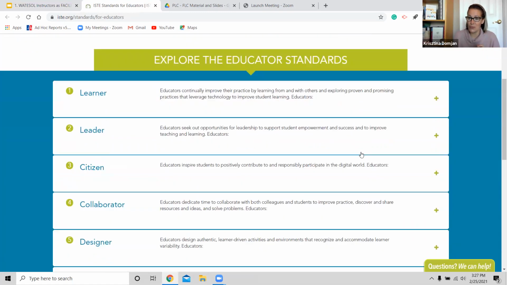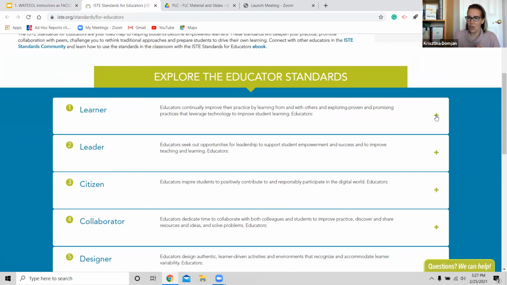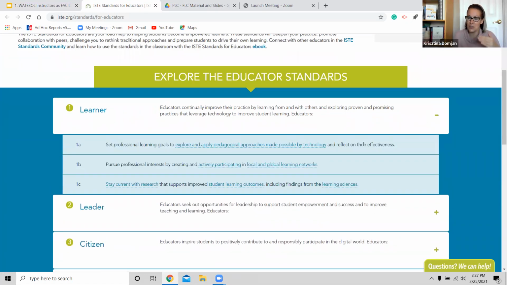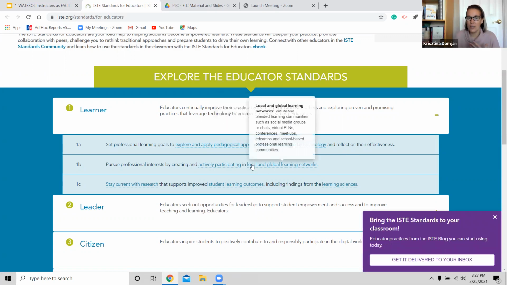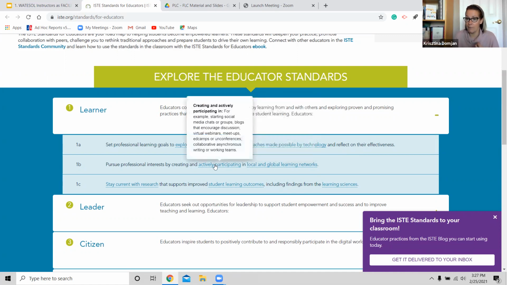And you can also click on the plus button to find even more information. And as you hover over the words in blue, the hyperlinked phrases, you can actually find even more information and tips on what you can do as an educator to meet those standards.